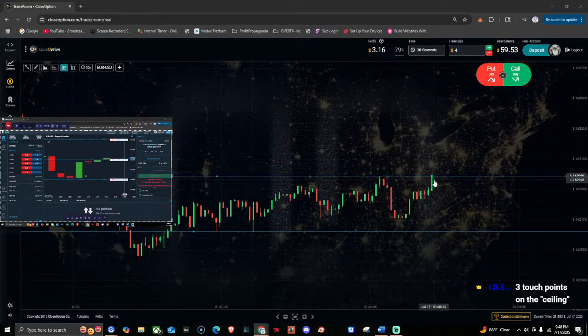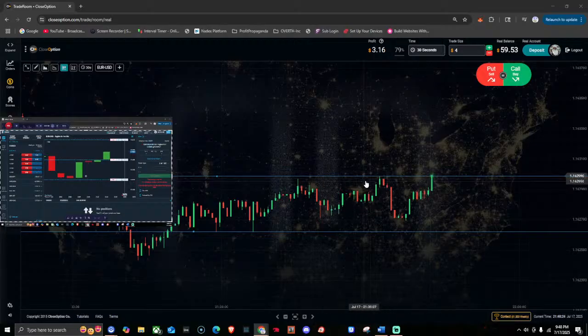Now we see this was quite aggressive. Let's see how this behavior exhibits itself by the end of 30 seconds, because this looks like it wants to break through with confidence. 4, 3, 2, 1. Let's see how this next 30 seconds showcases itself.